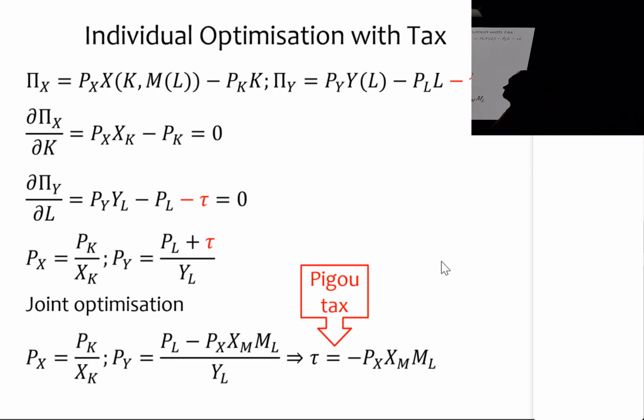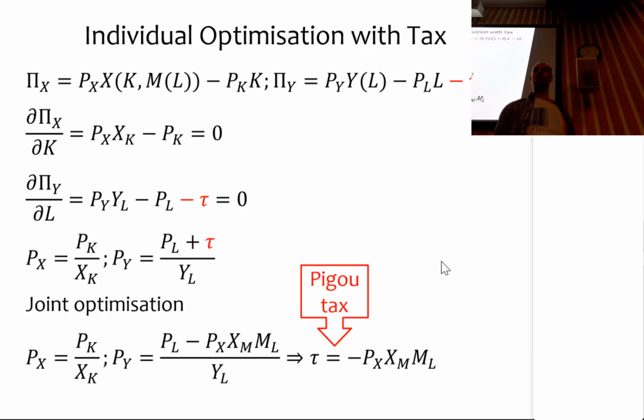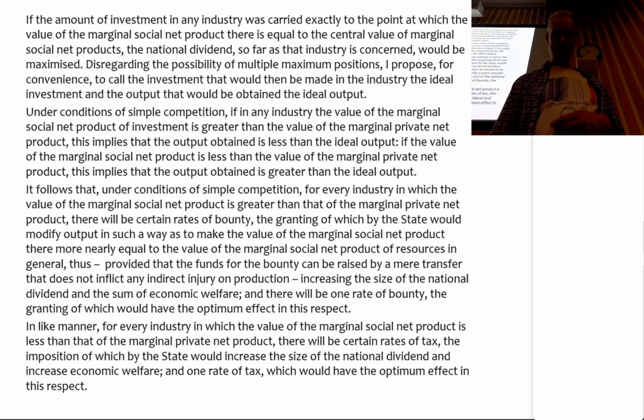This is what you need to know. The tax should be equal to the marginal damage done. And then you restore efficiency. I can do it in 3 sentences after I've shown you the math, right? Pigou needed 4 paragraphs. It actually says exactly the same. And it's a very precise definition.